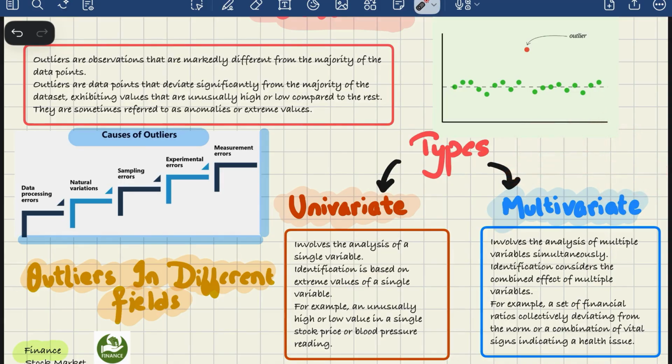So if you look at the age column by itself, 5 is normal, and if you look at the income column by itself, 50,000 is normal. It is a normal corporate salary. But a 5-year-old making $1 million a year, unless they are a global movie star, you have caught a multivariate outlier, because multiple columns together are forming an outlier. I hope you understood this concept.